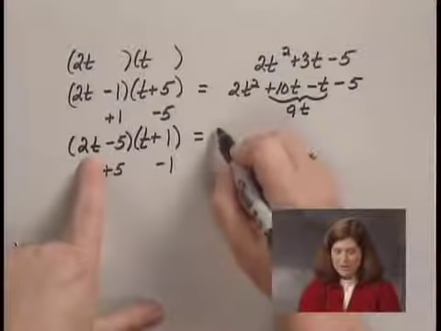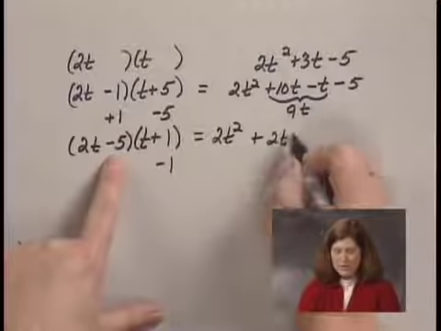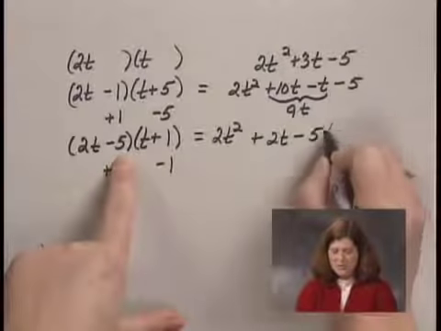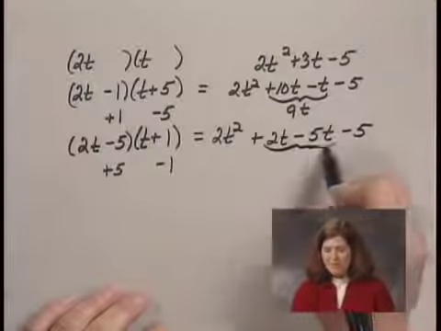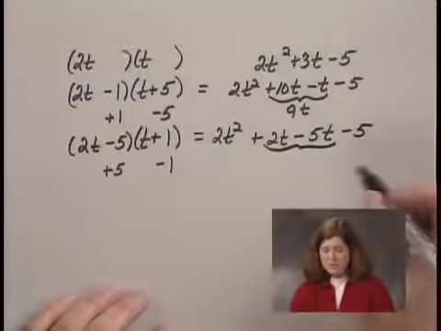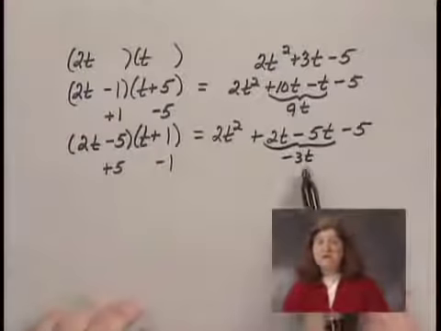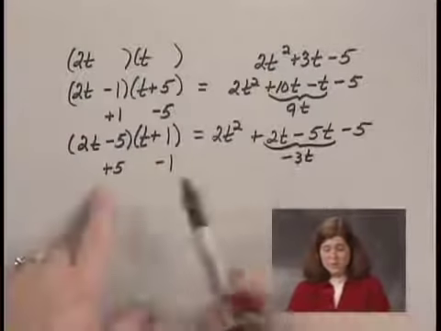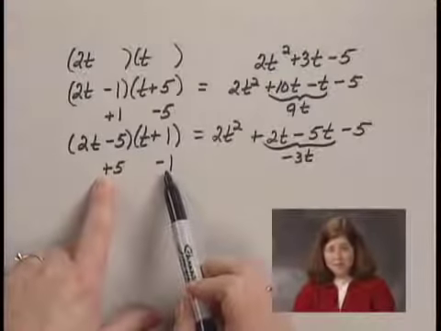When I multiply this, I get 2t squared plus 2t minus 5t minus 5. When I add these together, 2t minus 5t is -3t. I want a +3t for the middle term. So if I change the signs like I have here, I should get +3t.